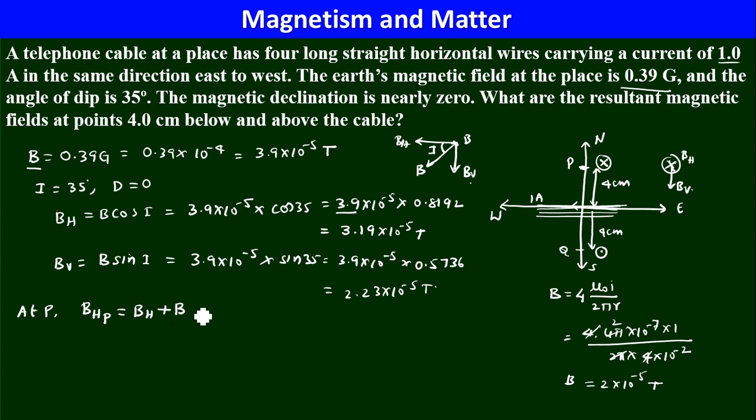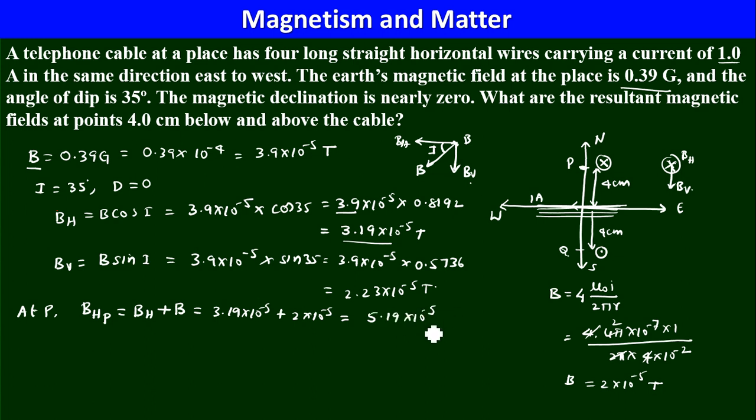That will be BH plus B. BH is 3.19 into 10 power minus 5 plus the magnetic field because of these 4 wires, 2 into 10 power minus 5 Tesla. If you just add them up, you'll get 5.19 into 10 power minus 5.